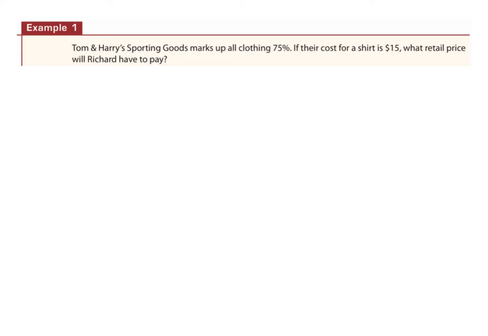All right. So if I know what they paid for it, which was $15 is their cost, in order to find out what the markup amount is, I have to multiply that by the markup rate. The markup rate is 75%, which remember we always do as decimals.